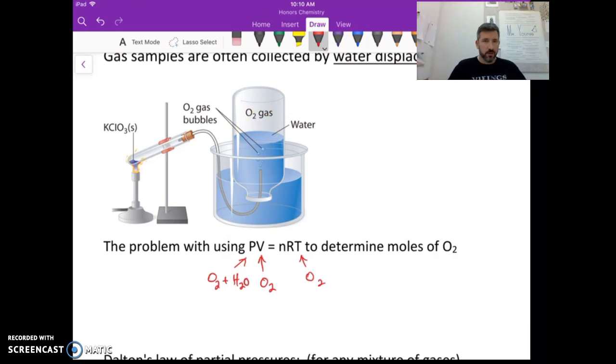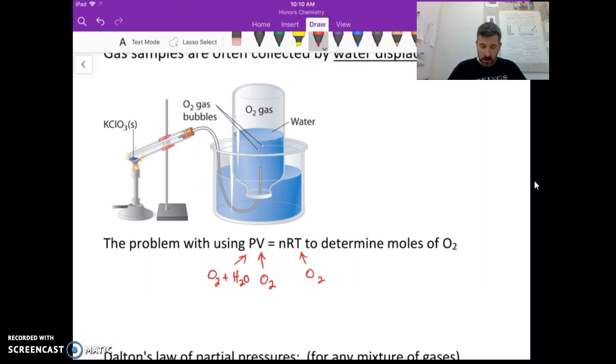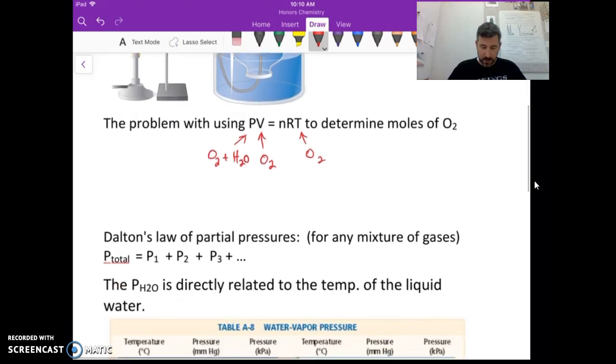Now, it's not going to be a huge amount of pressure created by that water vapor, but it can, at certain temperatures, affect slightly at least, our number of moles that we calculate.